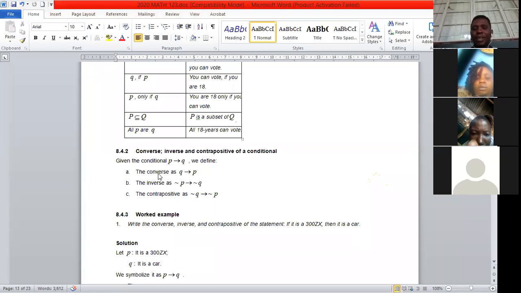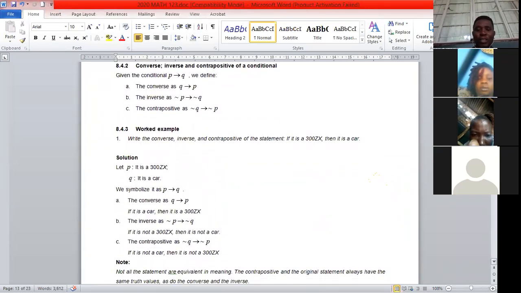How do I write the converse? And how do I write the contrapositive? Mr. Selu said this is the condition. If I have P implies Q, the converse now becomes Q implies P. So that is what you have in the solution here. Look at the two statements I got from that conditional statement.